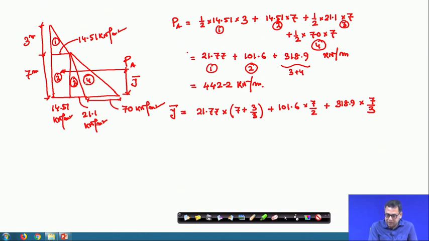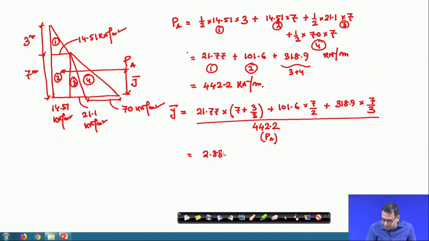So, 7 by 3, divided by the total force 442.2, which is the total force PA. Finally, the y bar will be 2.88 meter.